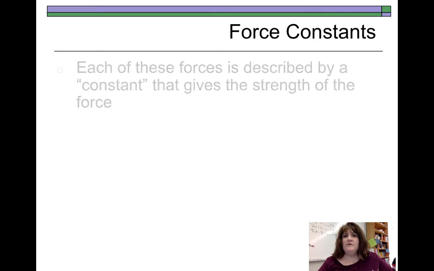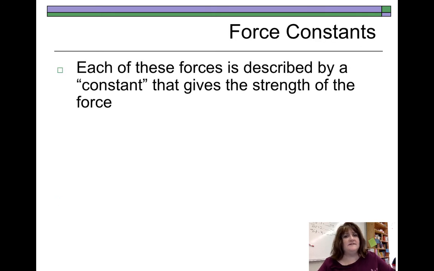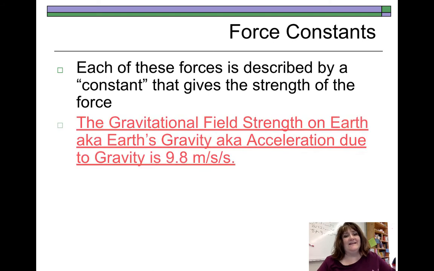Now, all four of those forces have what's called a force constant, a number that's associated with it. Everybody knows that this is the force constant because it's been tested over and over again.